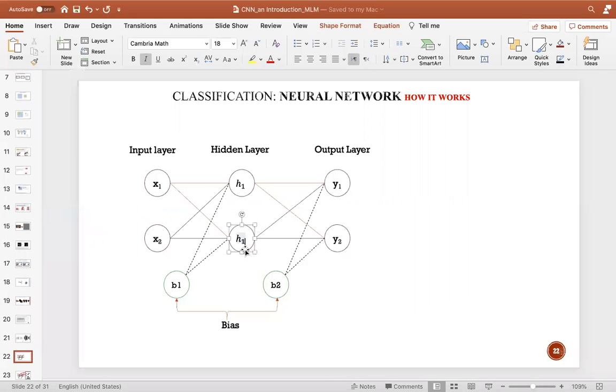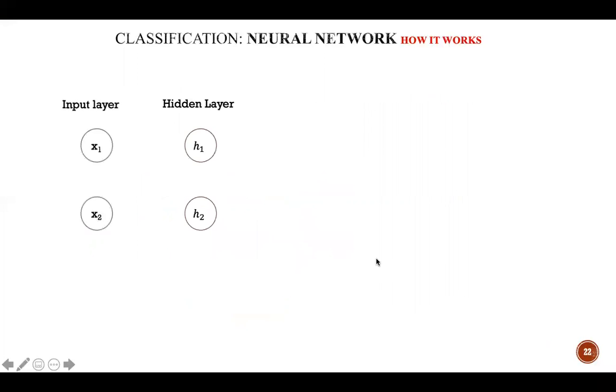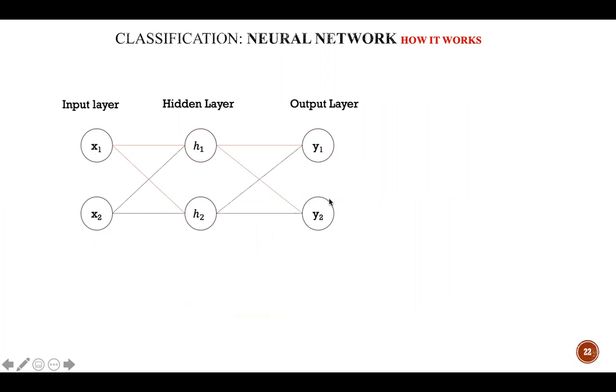Let me correct this. x1 will be connected to h1 and h2. x2 will be connected to h1 and h2. Then you have your output layer, which is y1 and y2. And again, these will be connected to those two as well.